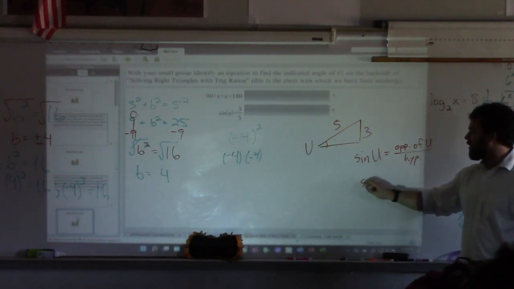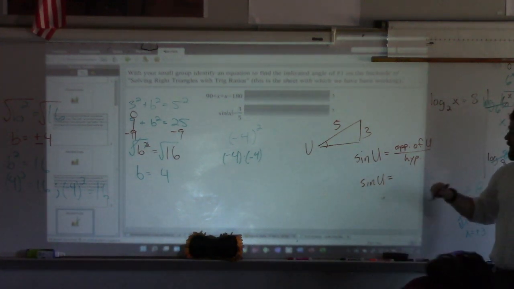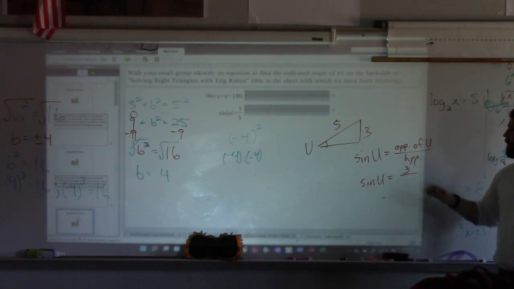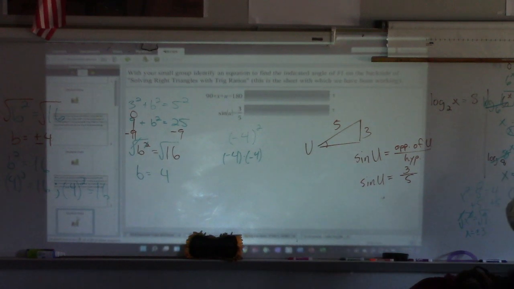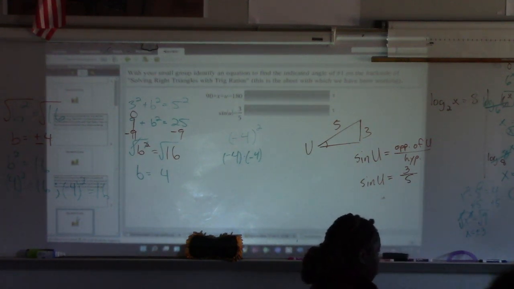So we're trying to make sure we're as accurate with our notation as possible. So what side is opposite? 3. Divided by the hypotenuse of 5. I need y'all to pay attention to this because this is the thing that causes students the most trouble in trig, yet is super simple if you pay attention.